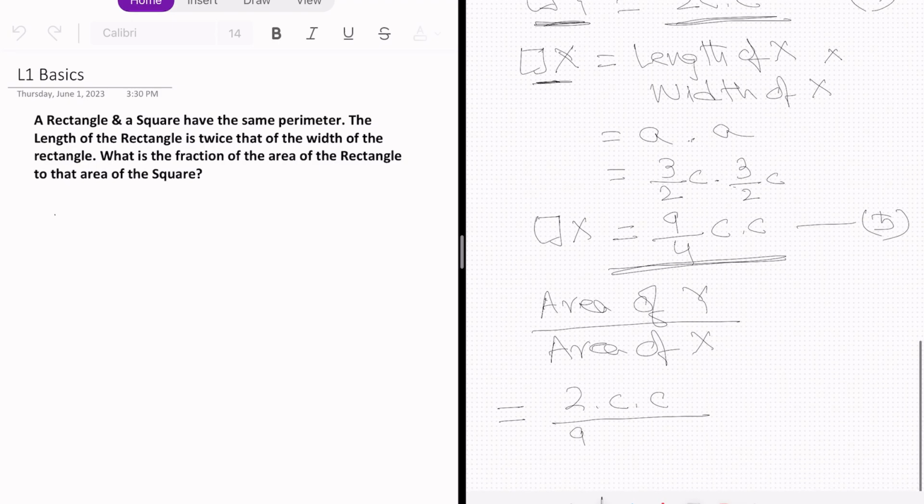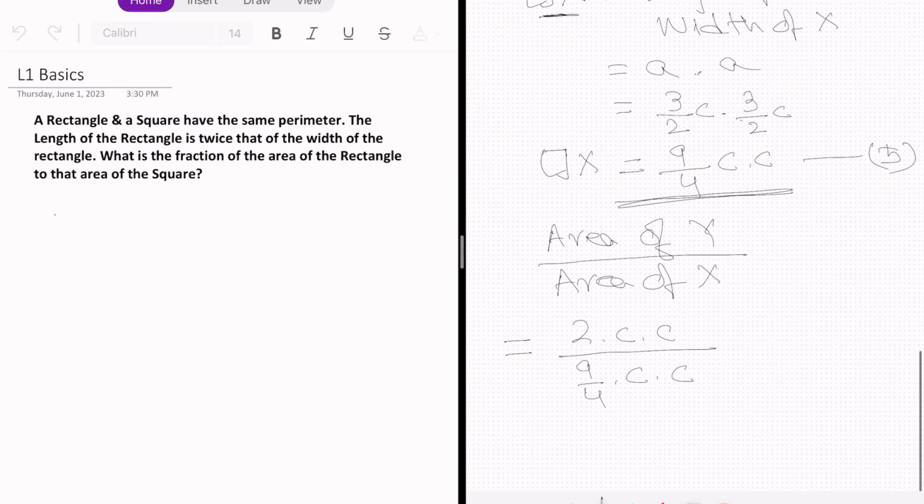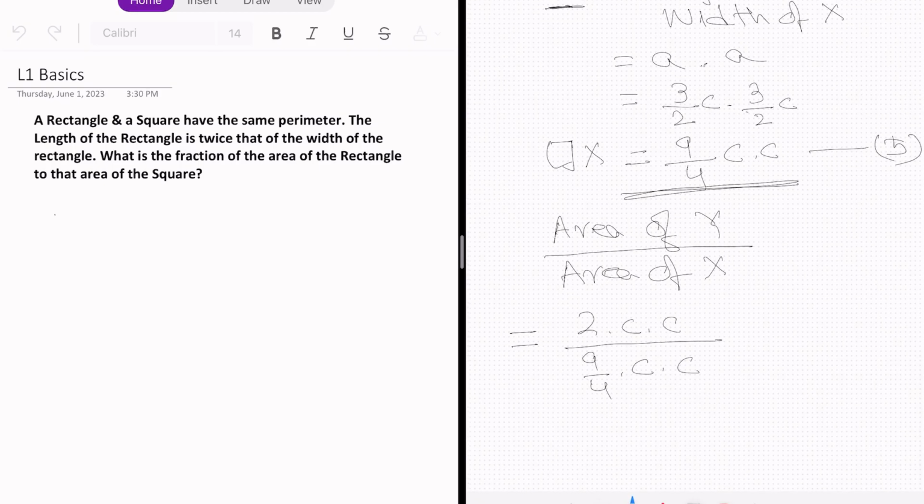From equation 5, I know the area of x is 9 by 4 into c into c. Because c multiplied by c appears in the numerator and the denominator, they will cancel each other out. I would be left with 2 divided by 9 by 4. If I simplify this fraction, it will be 2 into 4 by 9, which is equal to 8 by 9.